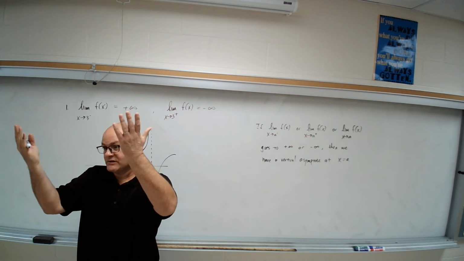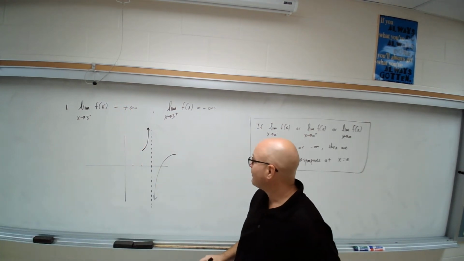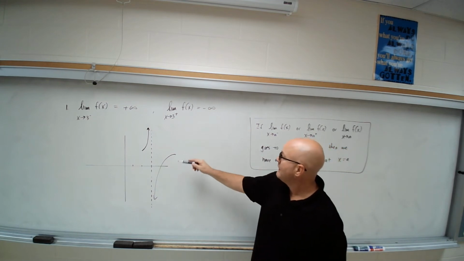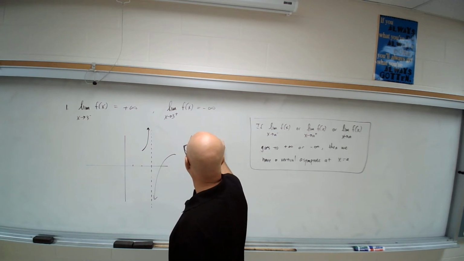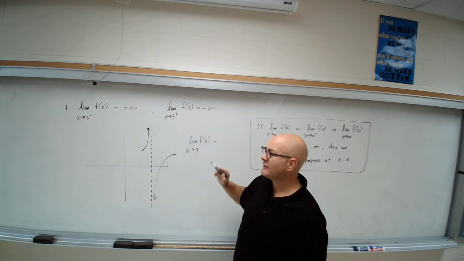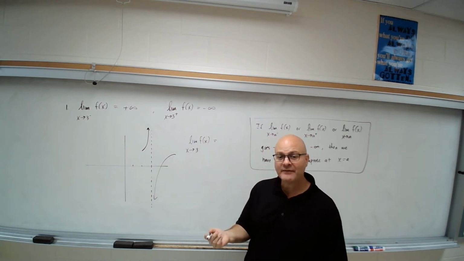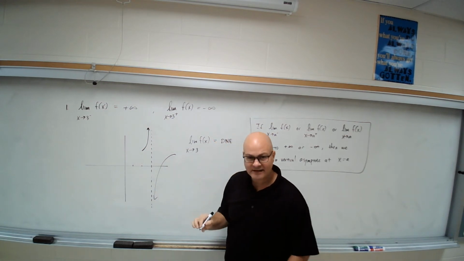Because we just are going to infinity there. And then one last point here on example 1 is if you were asked what's the limit of f of x as x approaches 3, right? Well, because the left-hand side is positive infinity and the right-hand side is negative infinity, they are not the same. So we'd say that this limit does not exist.